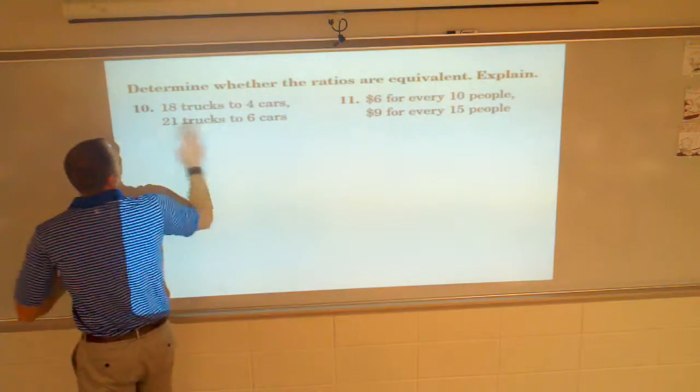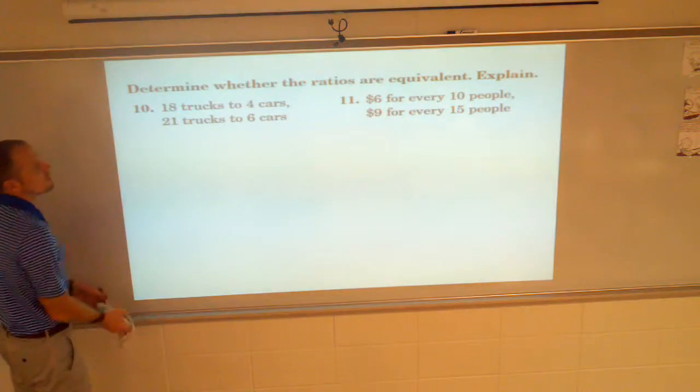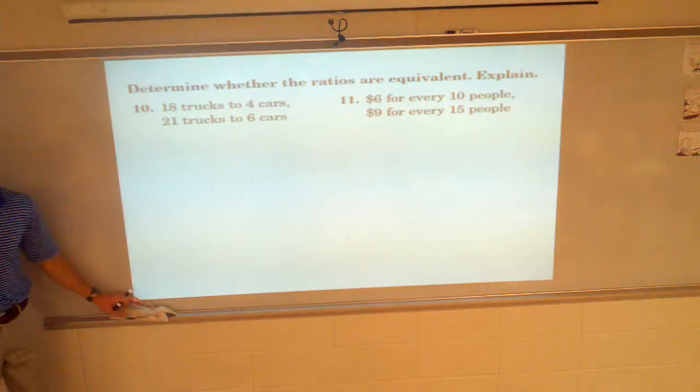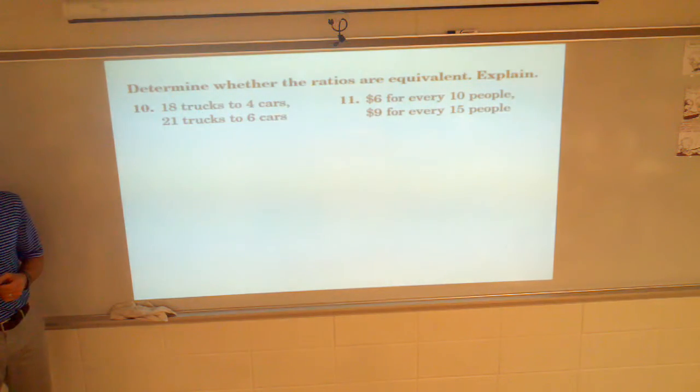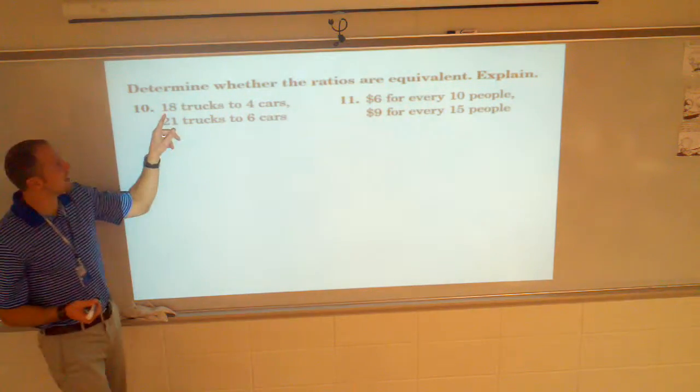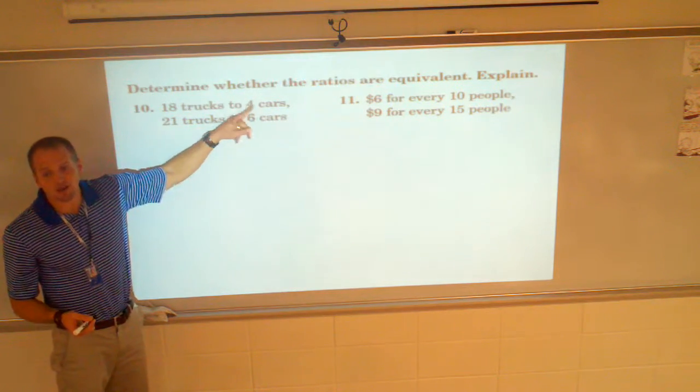Determine whether these 2 ratios are equivalent. Here's what I'd like you to do. Pull out your calculators. Then on your whiteboards, I want you to take 18 divided by 4.